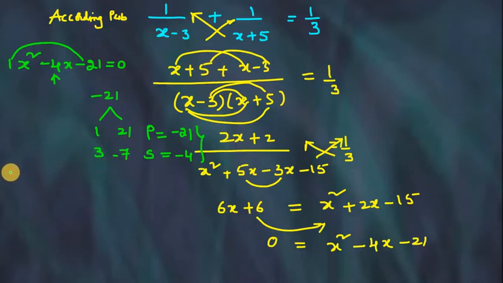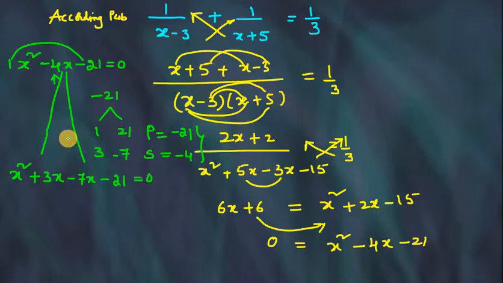So x square plus 3x minus 7x minus 21 is equal to 0. Only the middle term is split in this way.